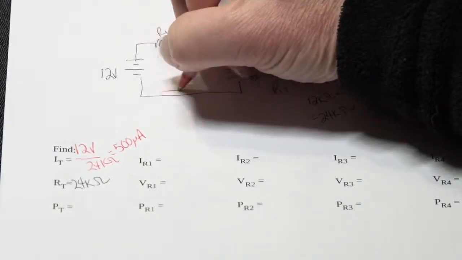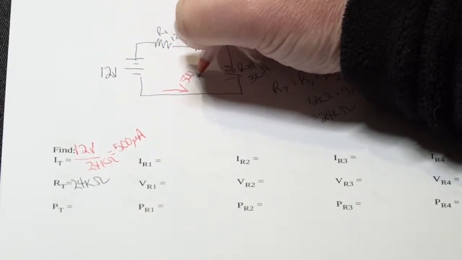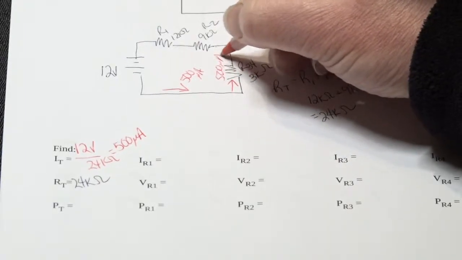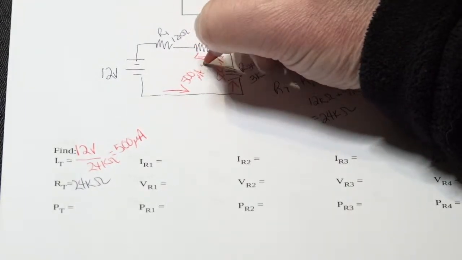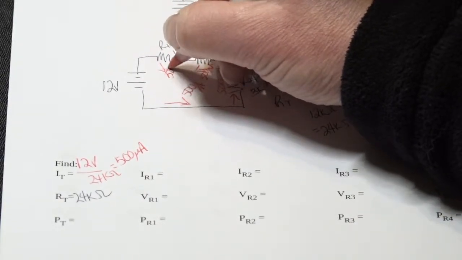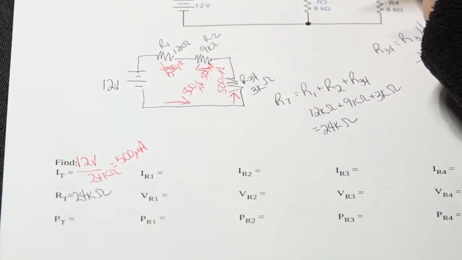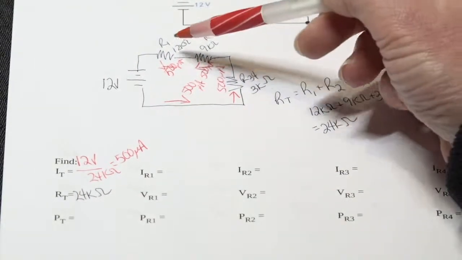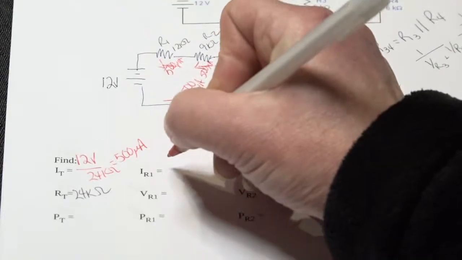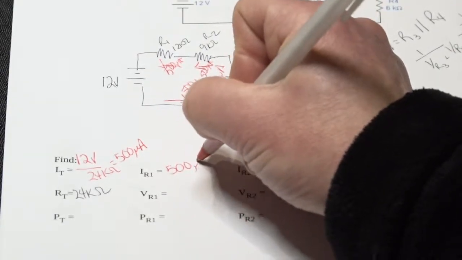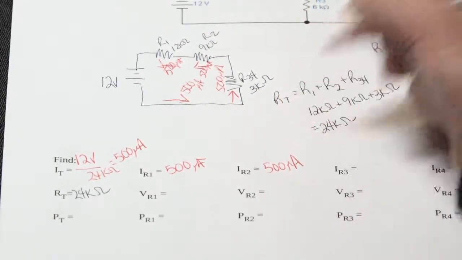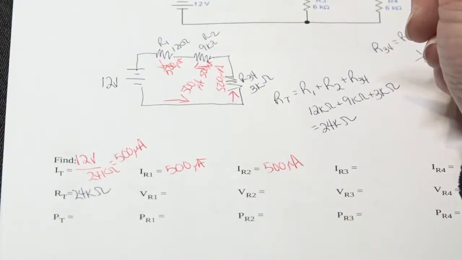So we can say, all right, we got 500 microamps going here, here, through here, and through there. Since R1 and R2 are already sitting there by themselves, we can say we've got 500 microamps and 500 microamps. And of course, what law can we apply? That's right, Ohm's law.